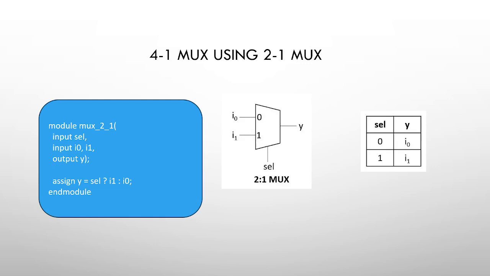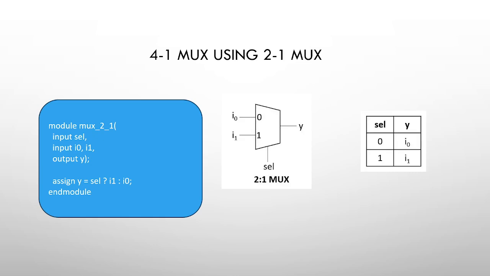In this particular example, first I want to design a 4 by 1 mux. You are asked to design a 4 by 1 mux using 2 by 1 muxes. Since you already know this, how many 2 by 1 muxes do you need?